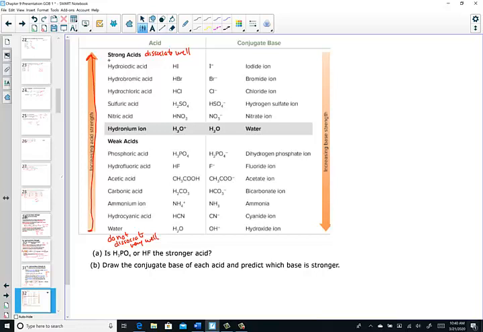What is the trend that you see on this chart? Notice that the very, very strong acids, such as hydroiodic, hydrobromic, hydrochloric, sulfuric, and nitric acid, these are the ones that I recommended you memorize as strong acids. They have the weakest conjugate bases. A strong acid has a very weak conjugate base.